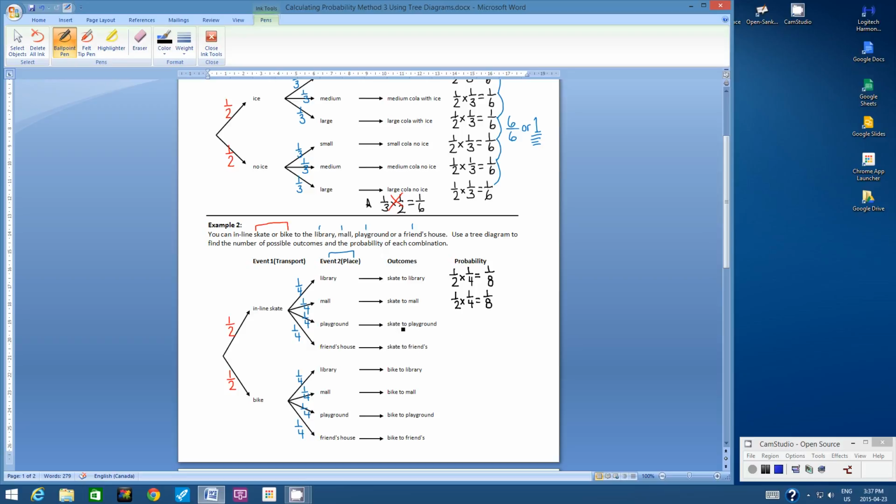All right, skate to the playground. That is this branch and this branch. So it looks like we have the same combination of fractions. 1/2 times 1/4 equals 1/8. If we're going to skate to a friend's, skate is this branch, to a friend's is this branch, and it's going to look very similar.